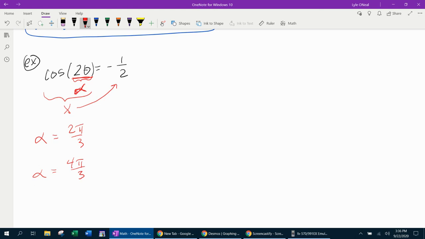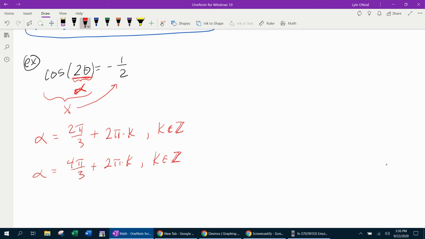So that's going to be 2 pi over 3 plus 2 pi k, integer multiples of 2 pi, and 4 pi over 3 plus 2 pi k, integer multiples of 2 pi.